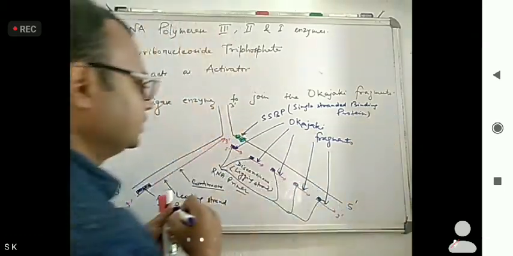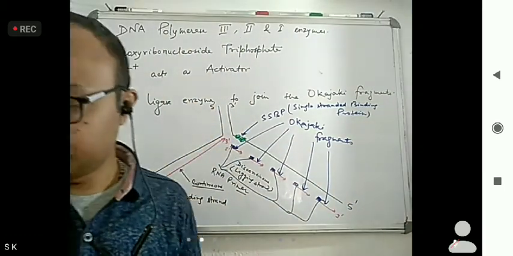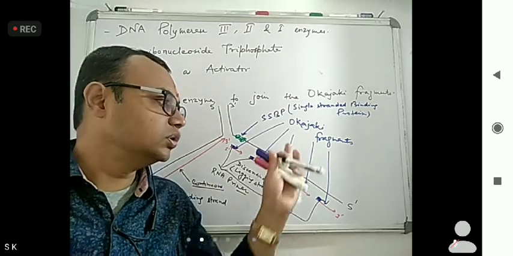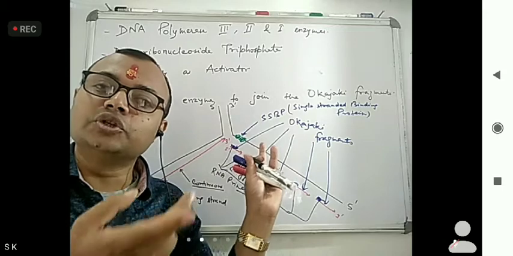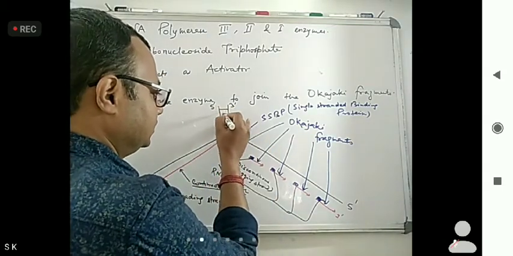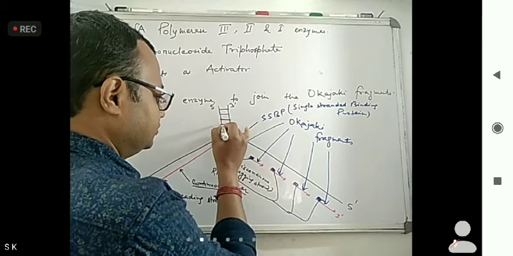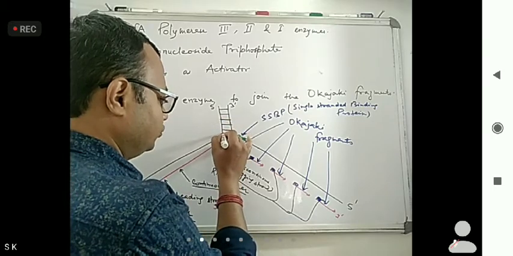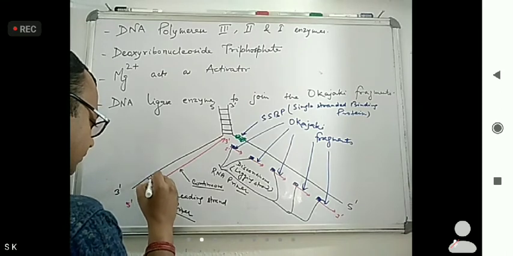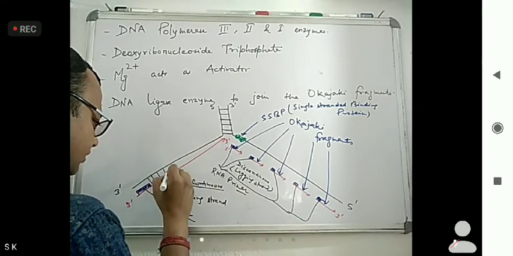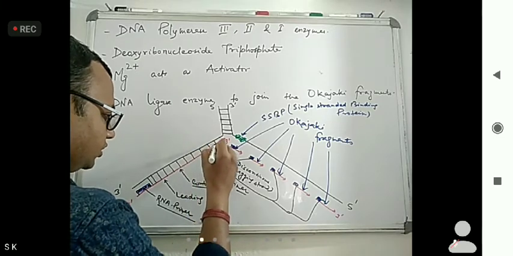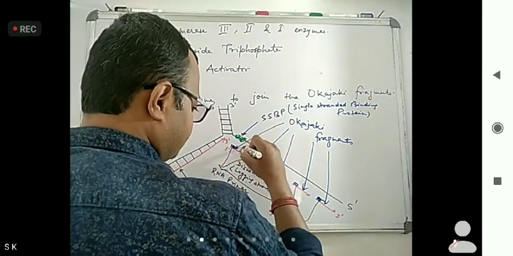It doesn't give permission to wind again. Their nitrogen bases are attached with hydrogen bonds. Here they are forming like that, and new daughter DNA is forming here.